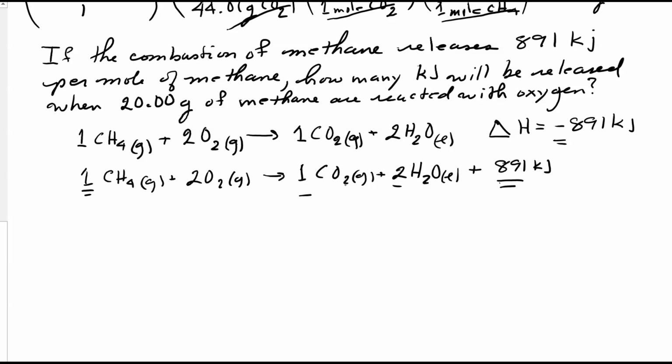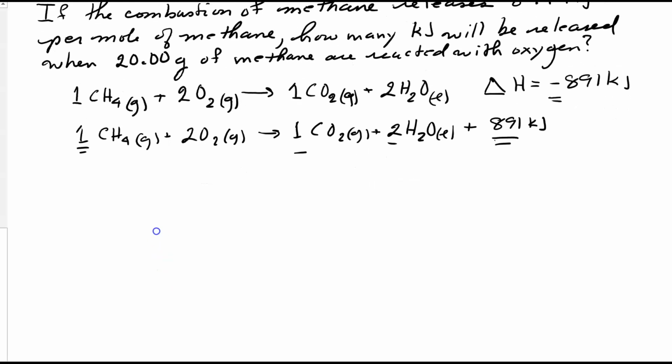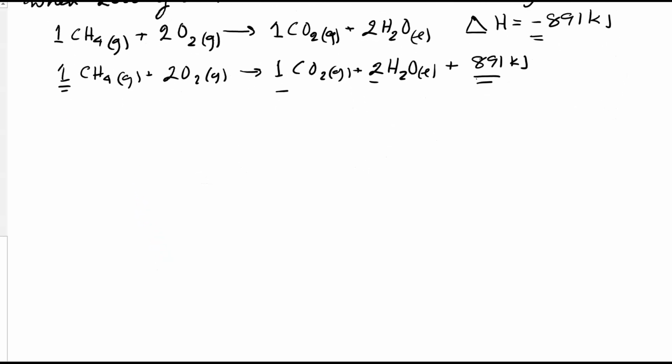Okay, so how are we going to set this up? Well, the pathway here is essentially the same way we set it up before. In this case, we're going from grams of CH4 to moles of CH4 to kilojoules.